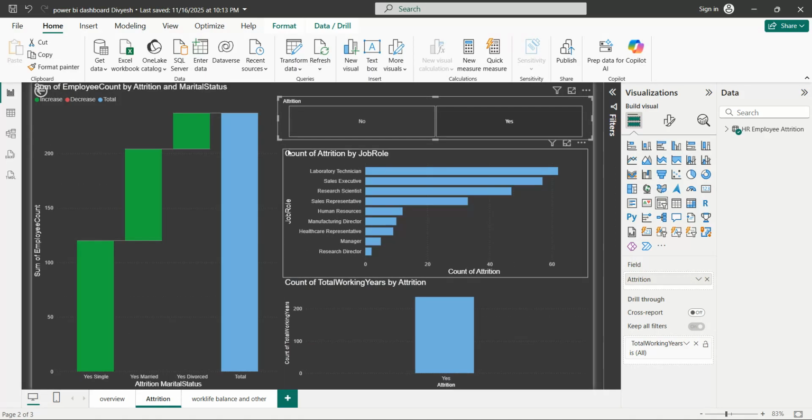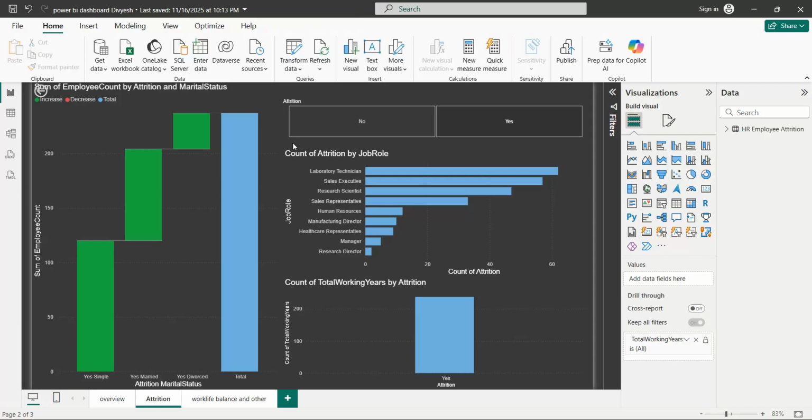What are its key observations? The first blocks represent employees who did not leave, divided by marital status. The next block shows employees who did leave, again split by marital status. The final blue bar indicates the total employee count.